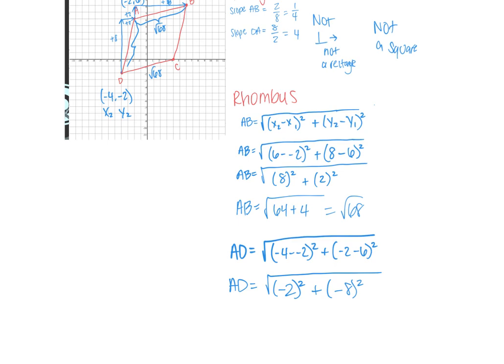They're not perpendicular. Don't they have the same slope? No. One slope was 1/4 and the other slope was 4.